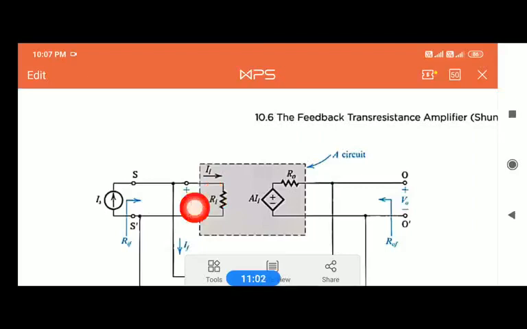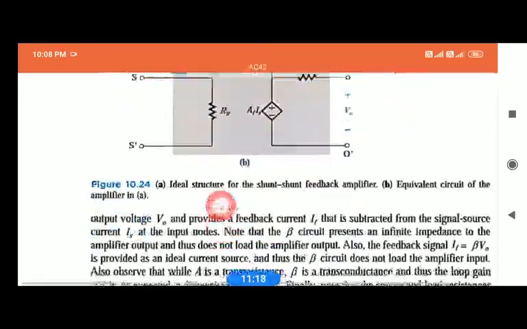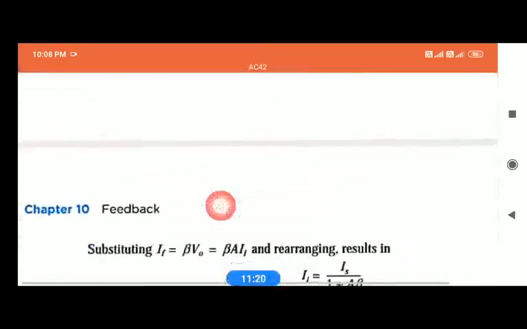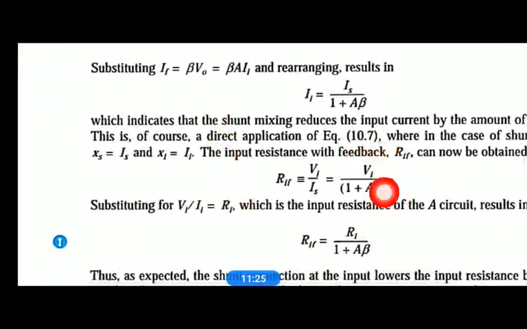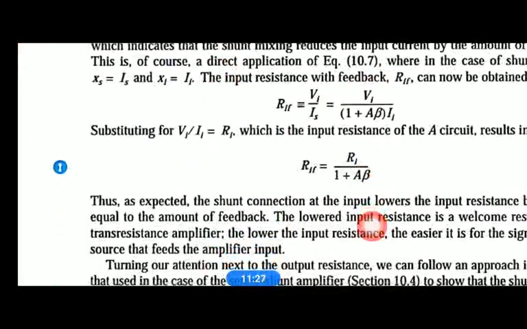Across RI, the current flow is II and the voltage across it is VI. So RI is VI divided by II. We are replacing VI divided by II with RI. So RIF is equal to RI divided by 1 plus A beta.